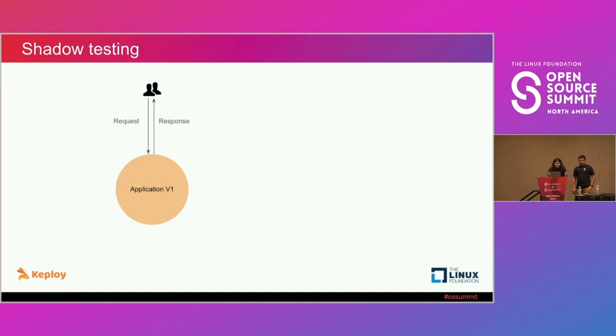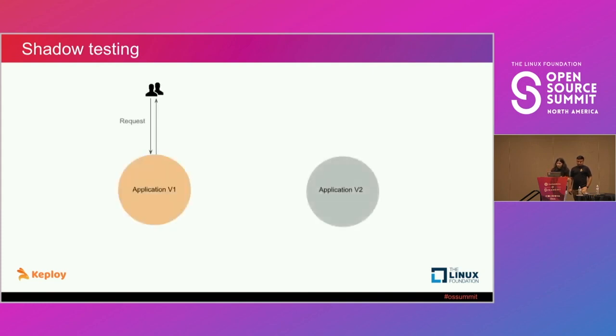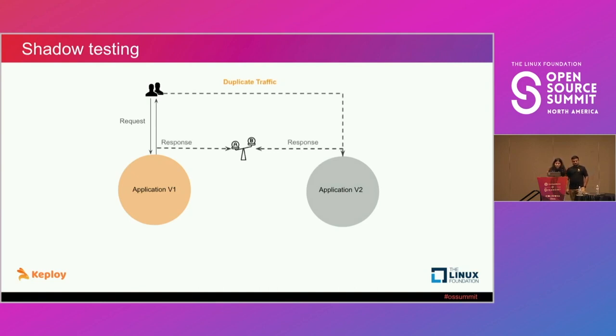Let's take an example, the shadow testing. So this is an application serving the user traffic, and you have a new application version, let's say application v2, and you try to mirror the traffic. In shadow testing, you compare the responses of your currently deployed and the new application version.